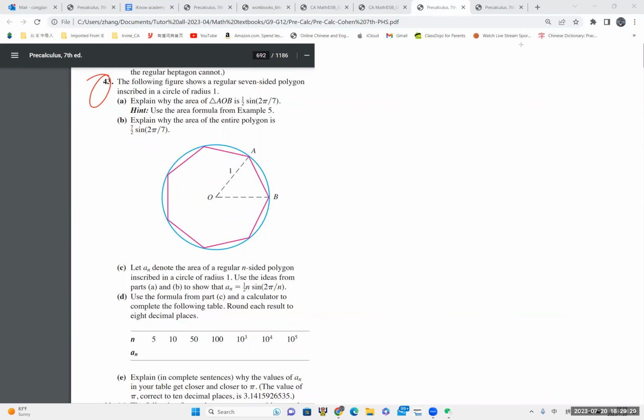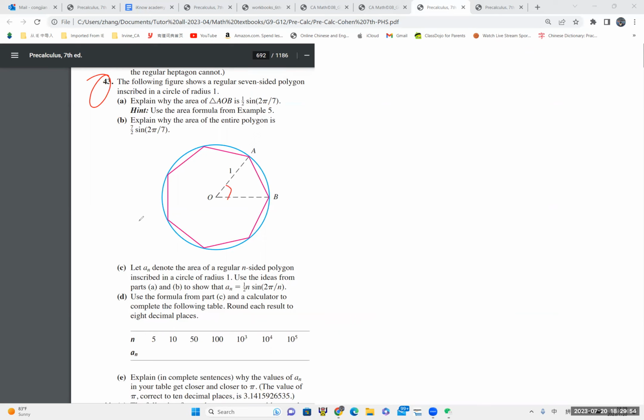The following figure shows a regular seven-sided polygon inscribed in a circle of radius 1. Explain why the area of triangle AOB is this. Of course this angle is 2 pi over 7, right?